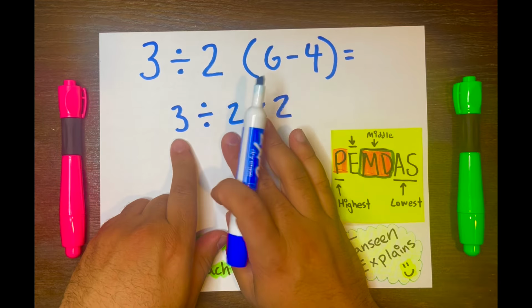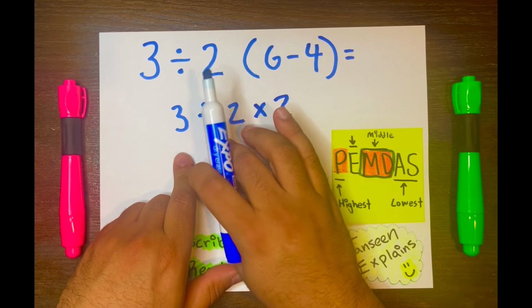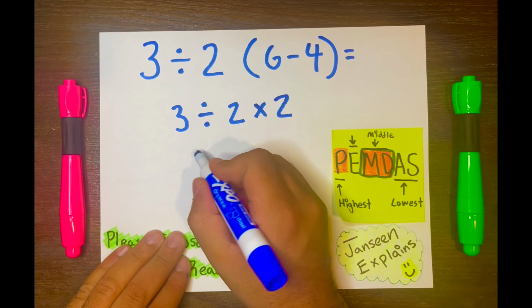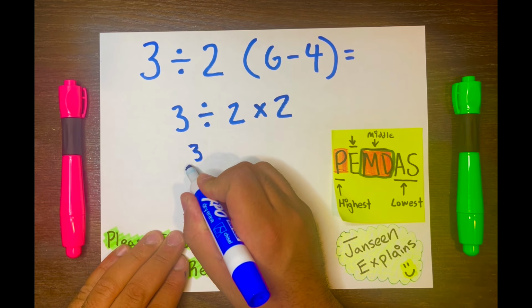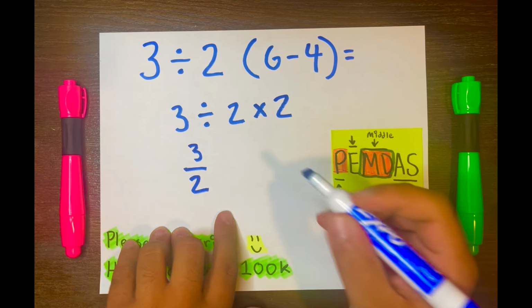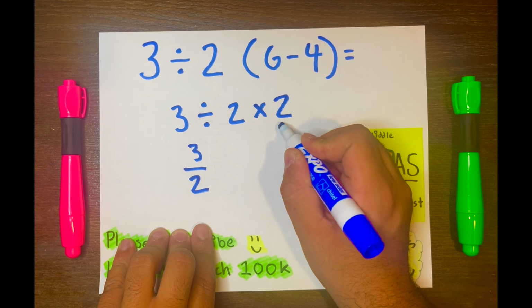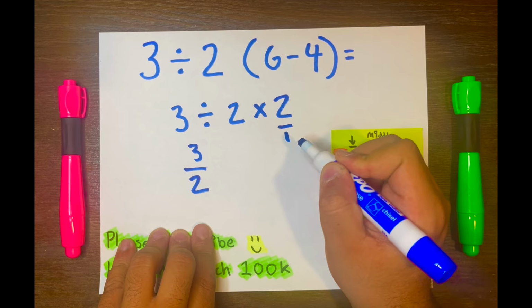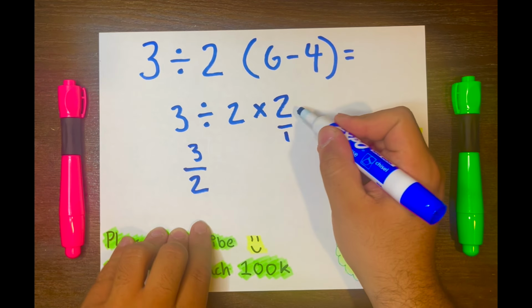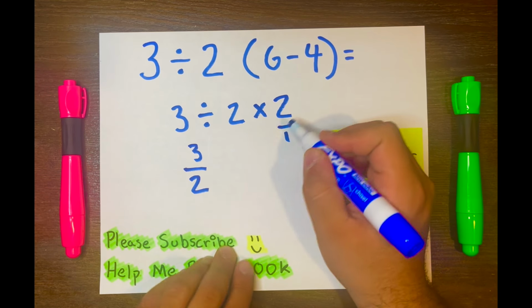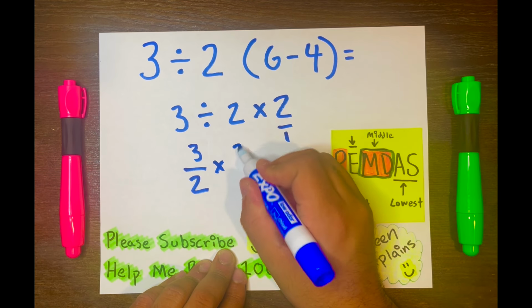And I want to turn this into a fraction to make the math easy. So it'll be written like this, 3 over 2. And then let's go ahead and bring down the times 2, but let's turn this 2 into a fraction, again, to make the math easy, because we know 2 over 1 equals 2, does not change the 2.